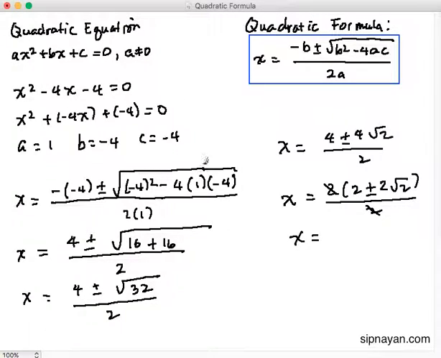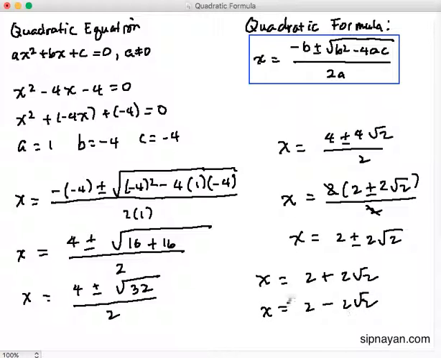So we have 2 plus minus 2 square root of 2. Ito na yung value ng x natin, yung root natin. So we have two roots, we have x equals 2 plus 2 square root of 2, or x equals 2 minus 2 square root of 2. So, dalawa yung ating roots. Ito yung pinakasagot natin. So, that's example 1 of quadratic formula.